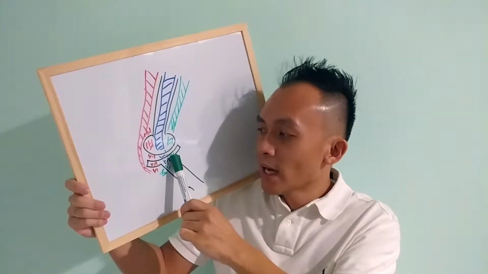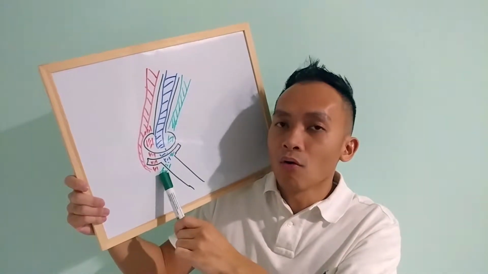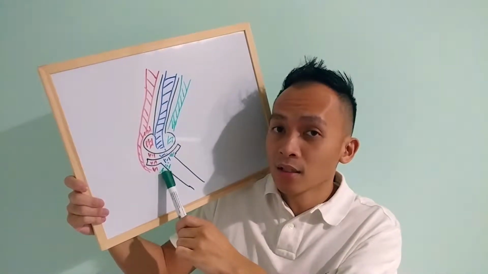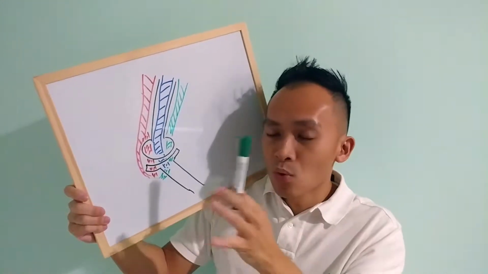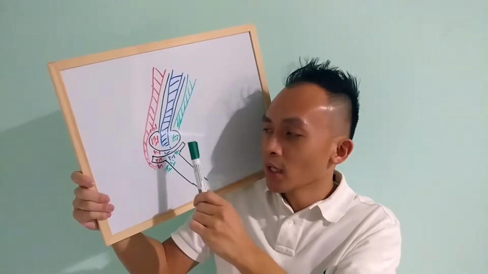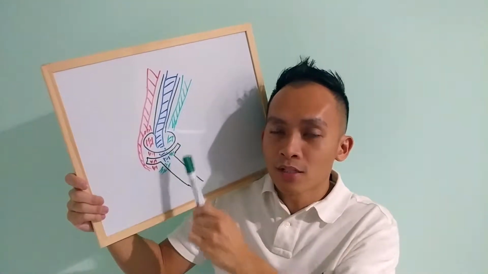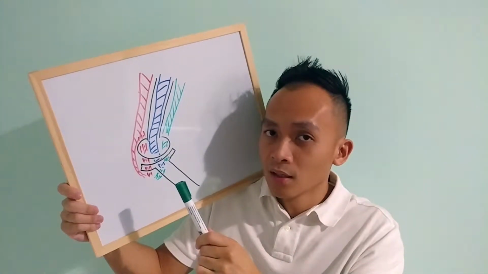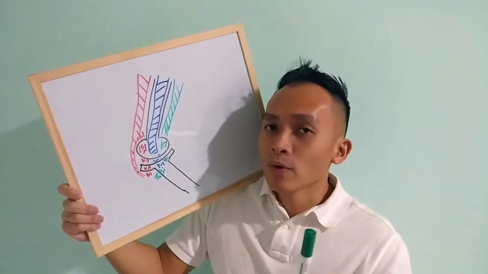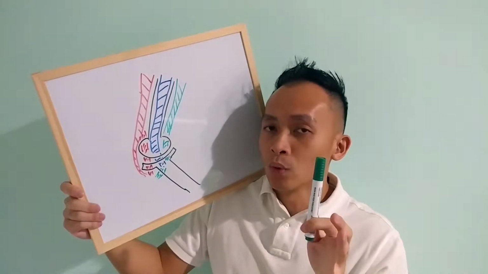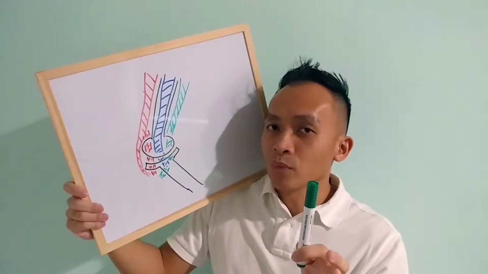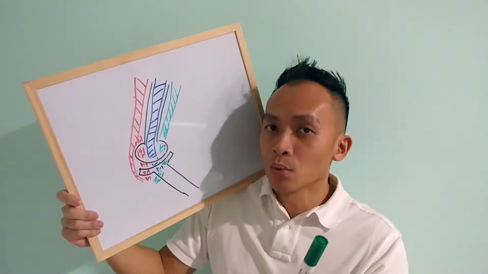Most people who have a hamstring problem can sometimes feel it on the medial side of the knee. I always say, if you track, you will know which muscle is giving you the problem.